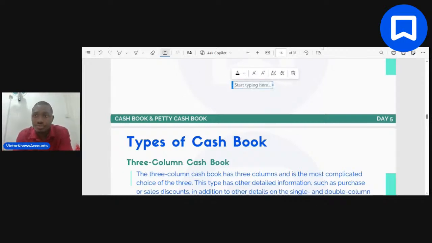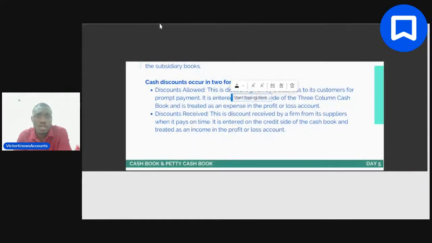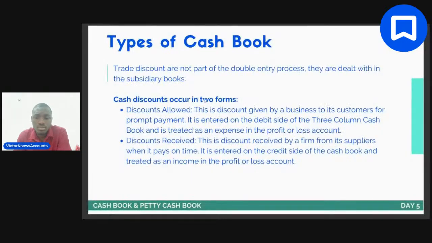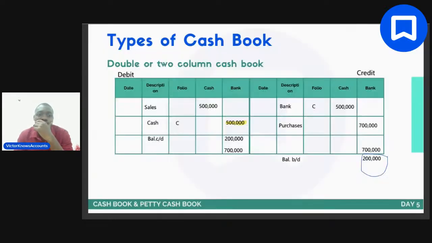Even though we're not able to solve that particular question, I've given illustrations that can actually help. For example, this one.